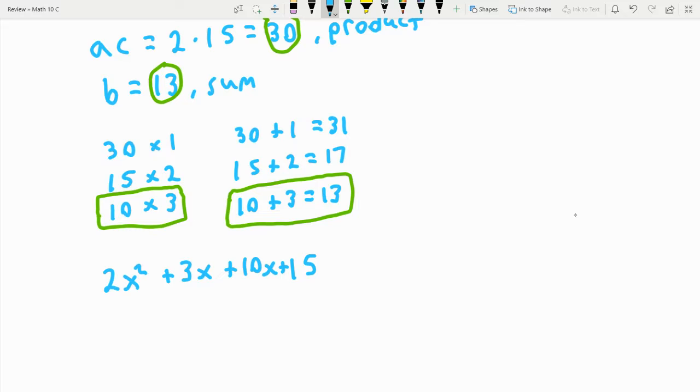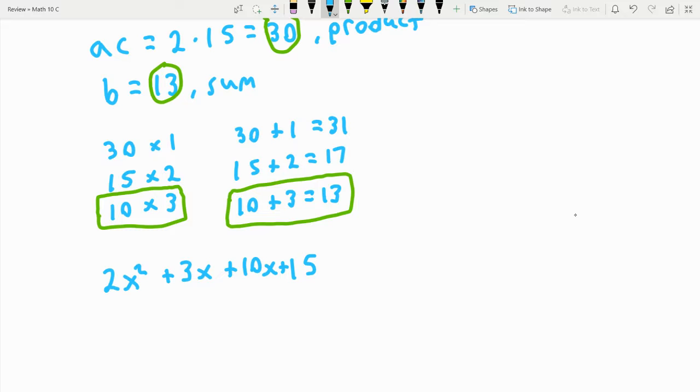And the reason I'm doing this is because it's totally legal, right? I'm not doing anything wrong. 2x squared plus 3x plus 10x plus 15 still equals 2x squared plus 13x plus 15. But breaking it apart just helps me factor it out.